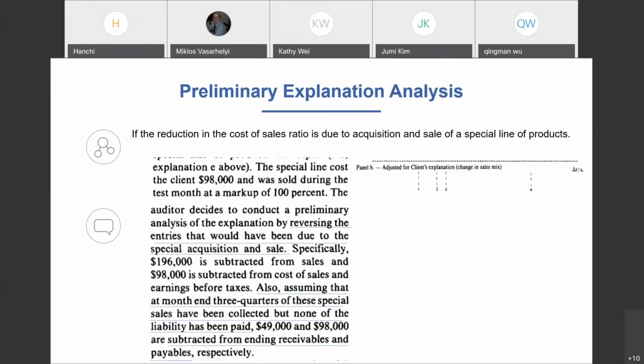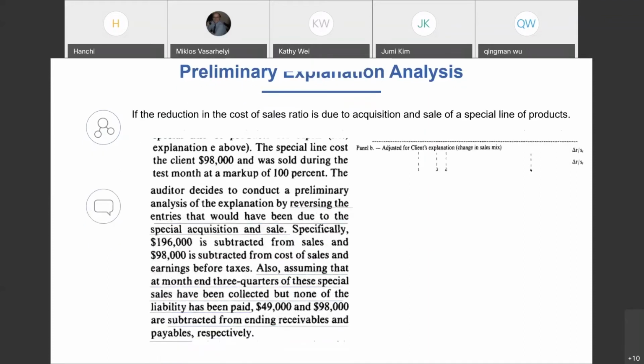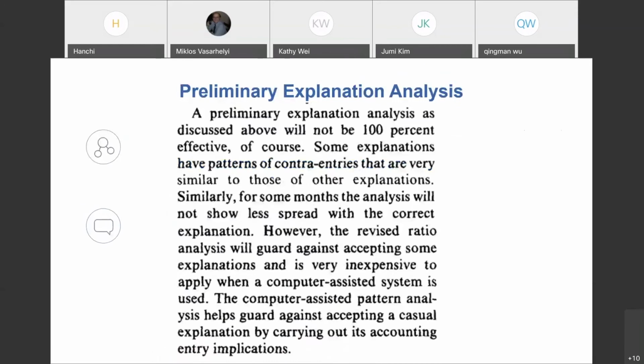Other explanations can be tested in the same way. After we design such analysis, we know that a preliminary explanation analysis, as discussed above, will not be 100% effective. Of course, some explanations have patterns of deviation that are very similar to those of other explanations.